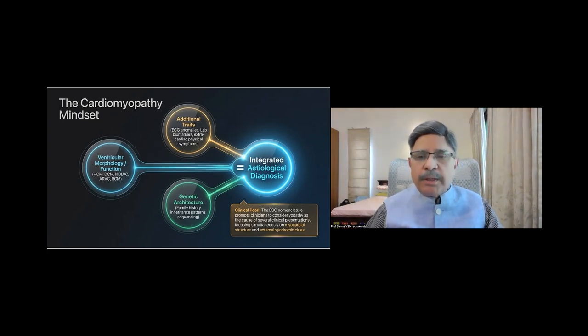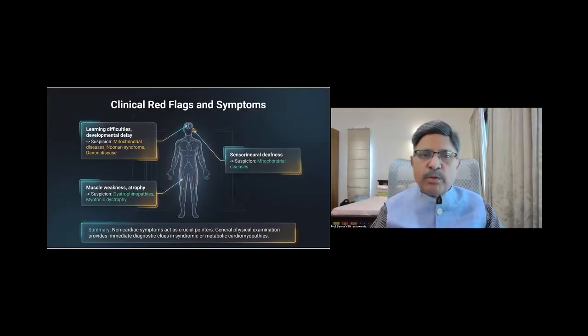The clinical part here: the ESC nomenclature prompts clinicians to consider cardiomyopathy as the cause of several clinical presentations, focusing simultaneously on myocardial structure and external syndromic clues. There will be myocardial structural and functional abnormalities, and there will be non-myocardial, extramyocardial, external syndromic clues. Together is the diagnosis.